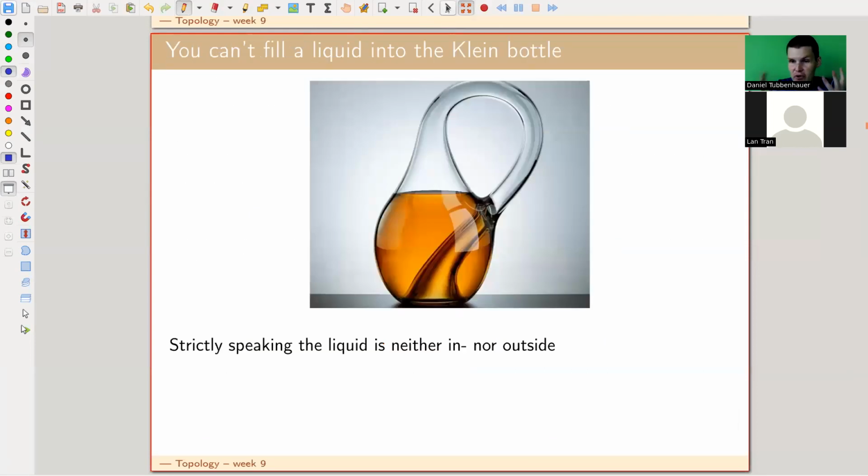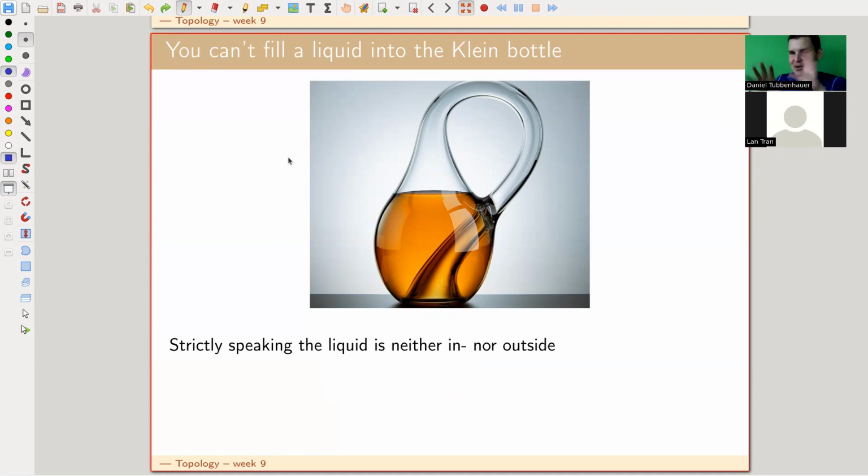Yeah. So really, it has no inside, it has no outside. If you build them out of glass, which is kind of cheating because it self-intersects, so it doesn't live in 3 space, there's the self-intersection here. But anyway, you can buy them on Amazon or something, people have built them out of glass, and you could fill a liquid inside, but you actually can't. So there's no inside and outside.